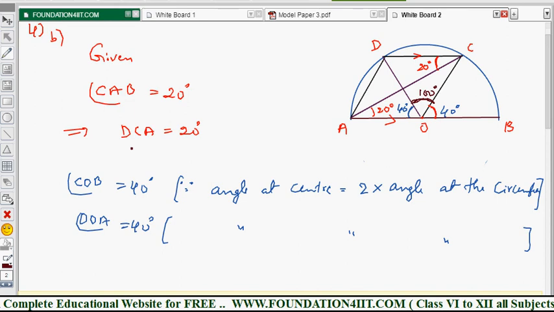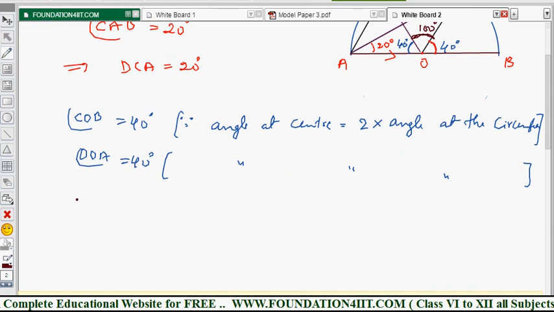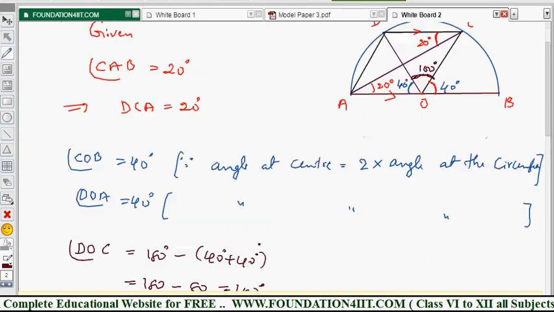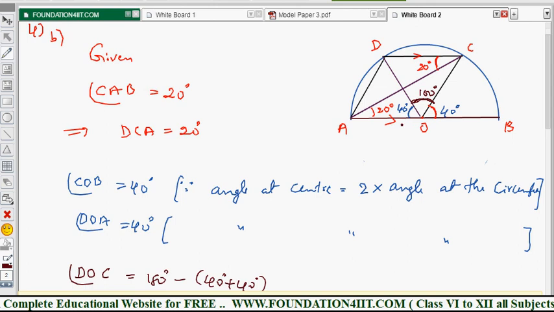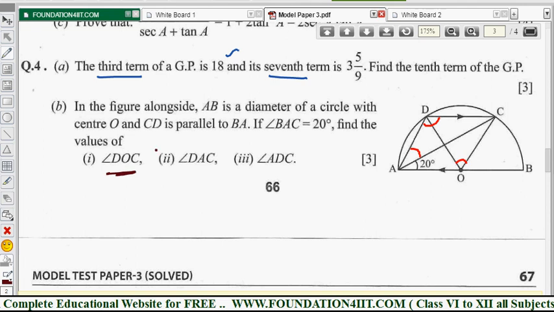So angle DOC is equal to 180 minus 40 plus 40, that is 180 minus 80, which is 100 degrees. Angle DOC is the first question, and we got it.